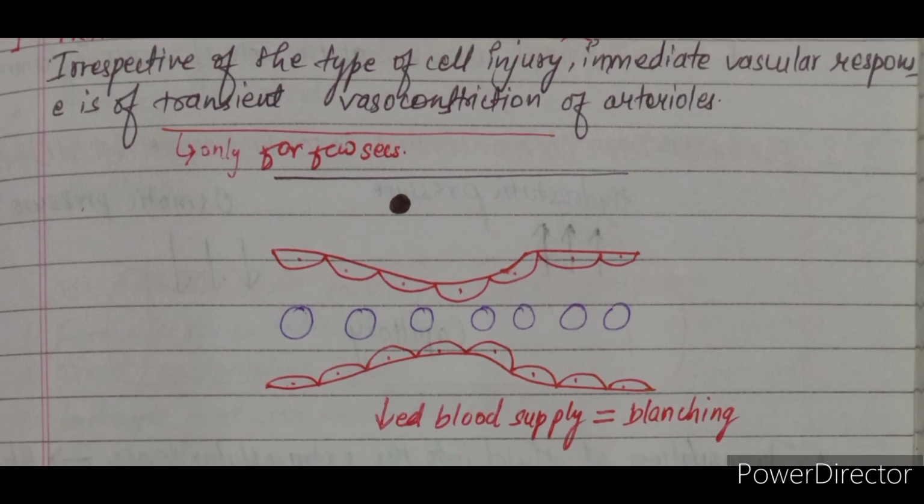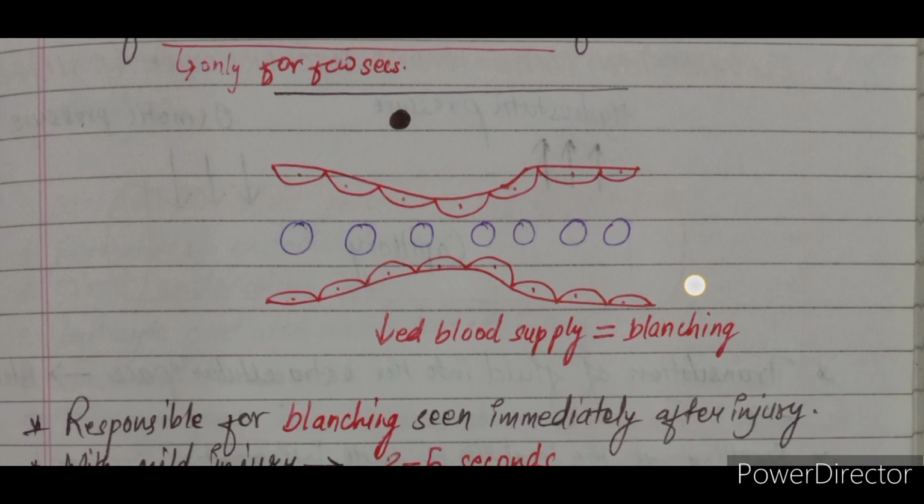And if we see from above the skin, due to focal transient vasoconstriction, there is less supply of blood at the region of vasoconstriction. So the skin will look yellowish, which is known as blanching.